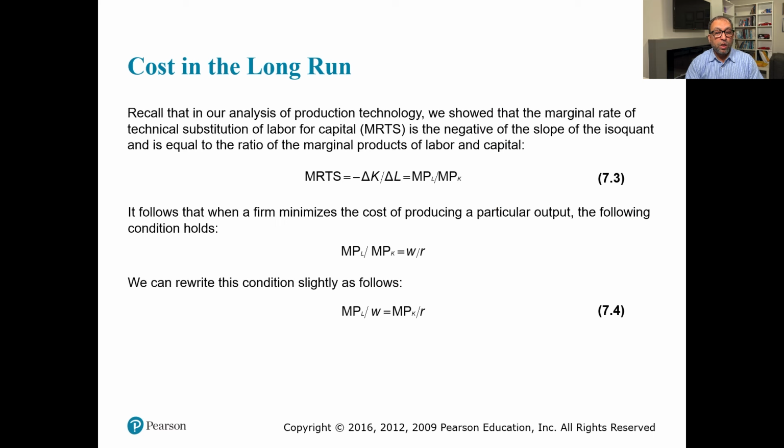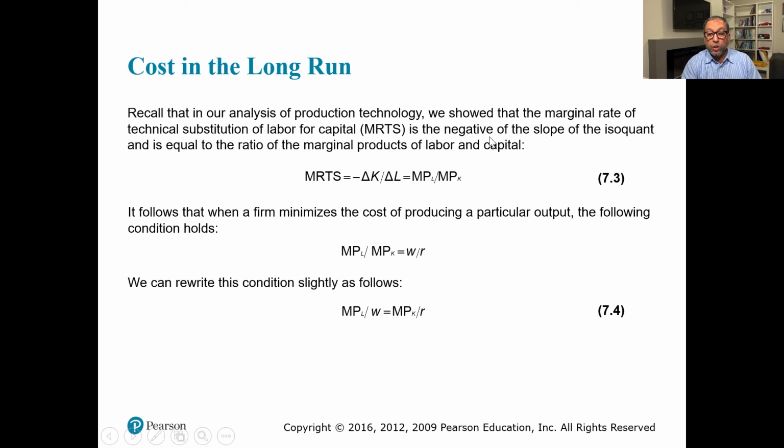Cost in the long run: recall that in our analysis of production technology, we showed the magnitude of technical substitution. You remember the slope of the indifference curve, we call it MRS, marginal rate of substitution. But here, for the isoquant, as we learned in chapter 6, the slope of the isoquant curve is called the marginal rate of technical substitution, MRTS.